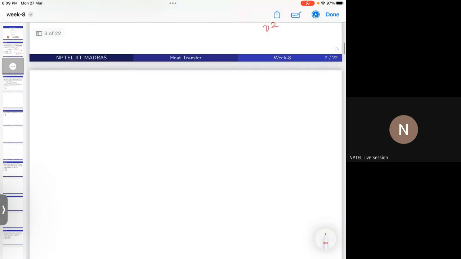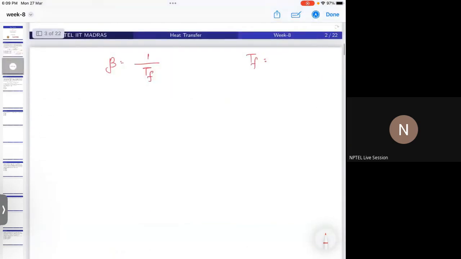First we have to find beta. Beta is 1 by Tf. Tf is the film temperature, which is (90 plus 30) by 2, that is 60. While substituting, Tf should be in Kelvin, so beta is 1 by 333.